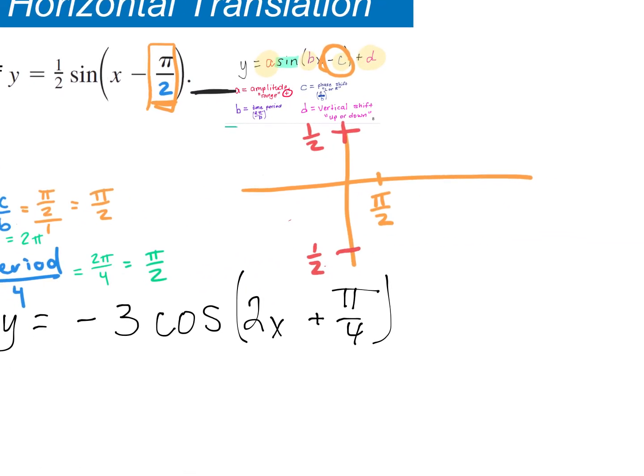So all my key points are moving at an increment of pi over 2. So the next tick mark there would be plus pi over 2, then plus pi over 2, plus pi over 2, plus pi over 2. You have to add it 4 times because we need 5 key points. Is it just kind of like a baseline? Yeah.